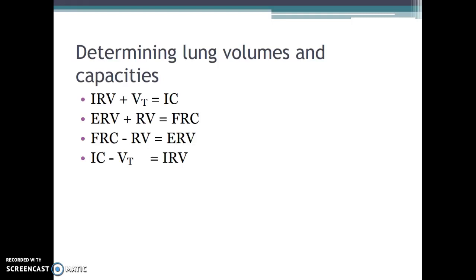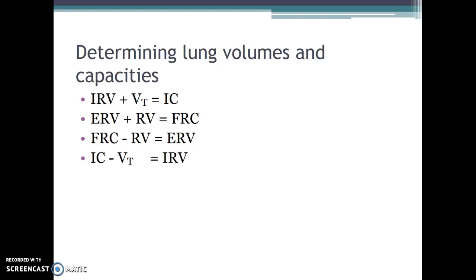What you'll want to do is draw out your PFT box and leave it blank. Then put 2,300 in the IRV box, put tidal volume of 650 in the tidal volume box, place the ERV of 1,050 in the ERV box, and the RV of 1,300 milliliters in the RV box.